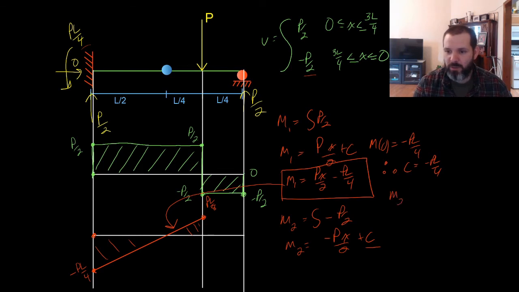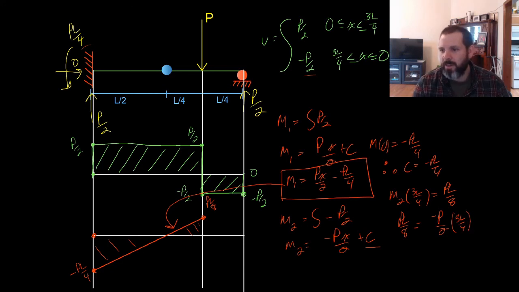So we can say that M2 at 3L over 4 is equal to PL over 8. We can say PL over 8 equals minus P over 2 times 3L over 4, plus C.